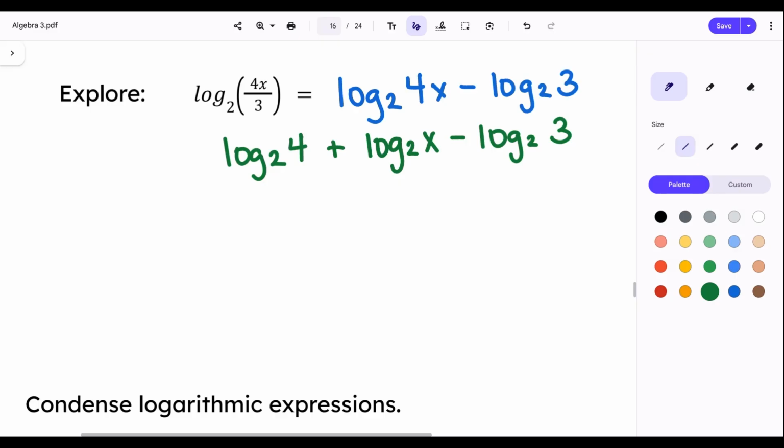Okay, was there anything else that you could do here? Good. Everything else is the same? Yep, okay. And then what's the last thing that you noticed you could do?